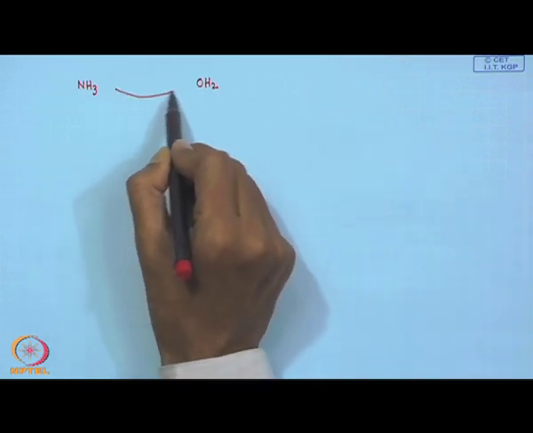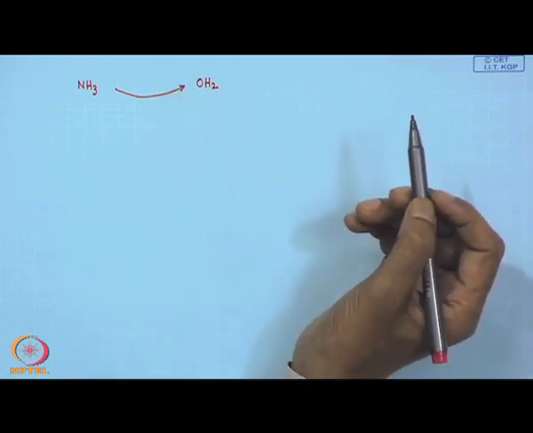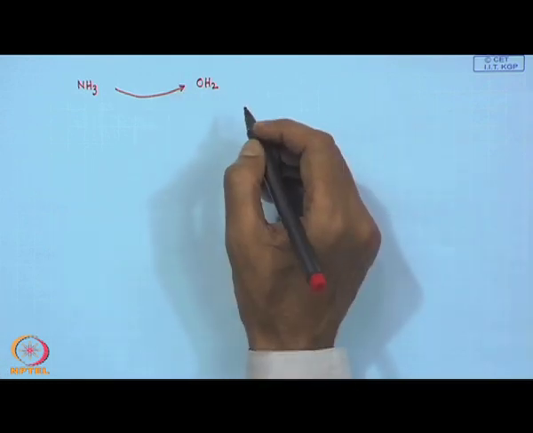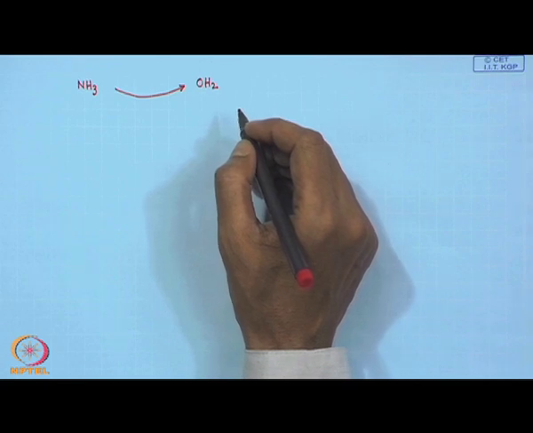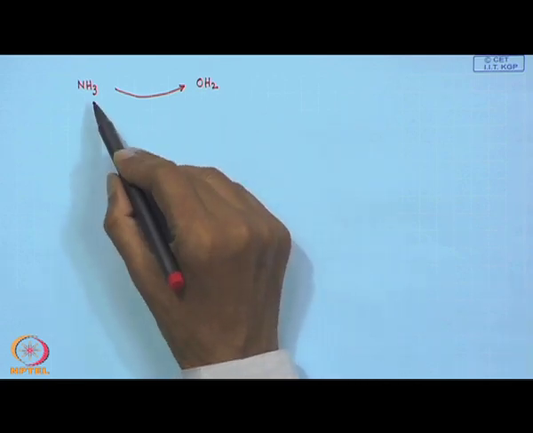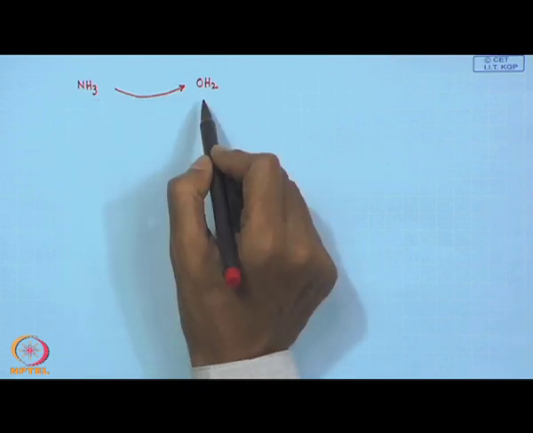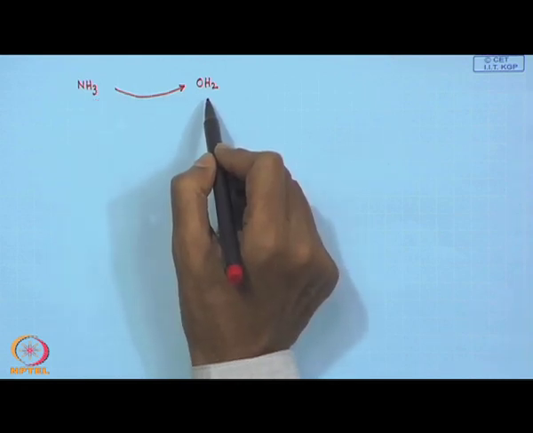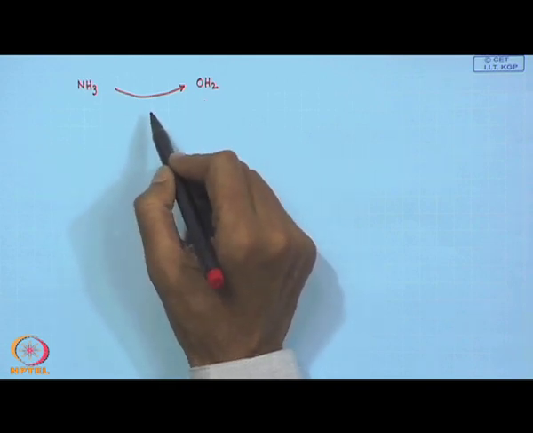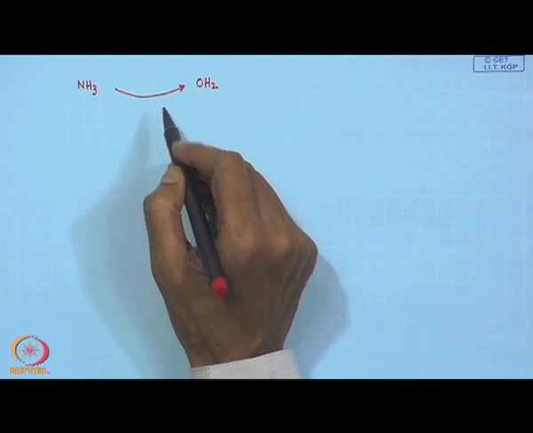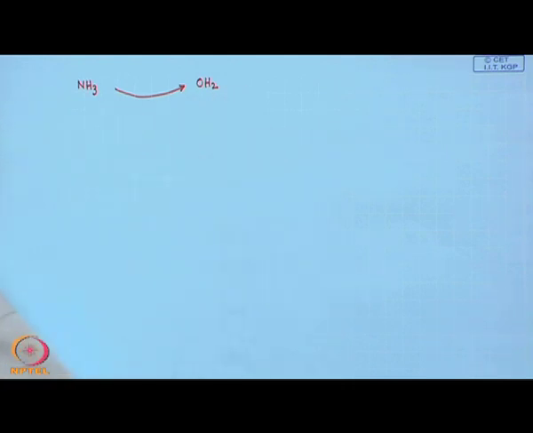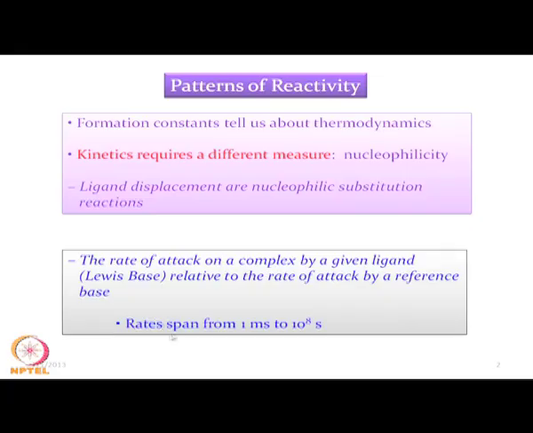So, if we go for the substitution of these water molecules, the metal aqua bond, by the metal amine bond, we can find out how this new Lewis base can attack and remove these water molecules from the metal center, and how quickly it happens, from the rate of the reaction. So, in this case we can have two different reactions, one is the slow reaction and another is the fast reaction.